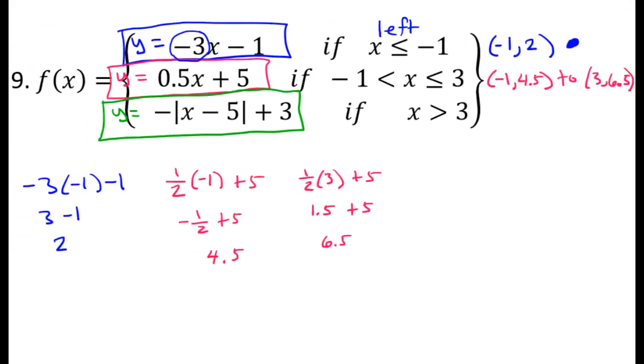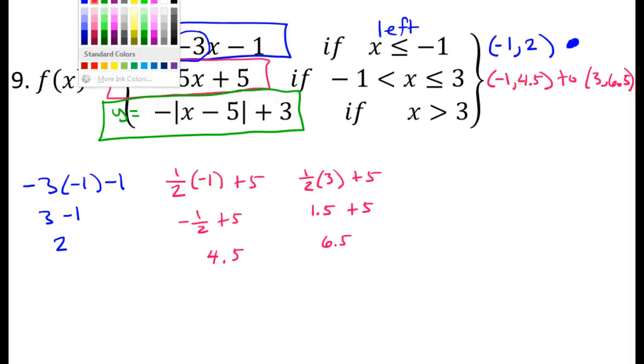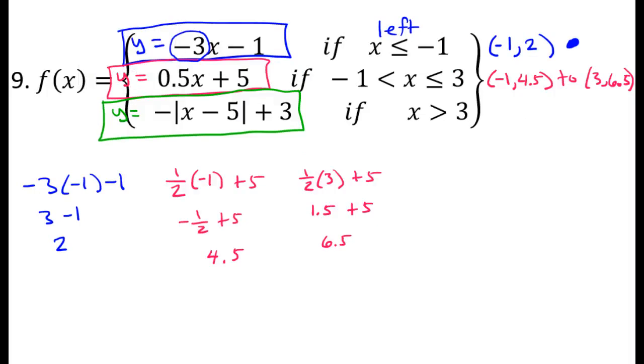All right, one more. The green piece. The green piece has one endpoint, and it's going to be at 3 comma something because of the 3 right here. But 3 comma what? Well, looking back at the original function, I've got negative absolute value of x minus 5, plus 3.